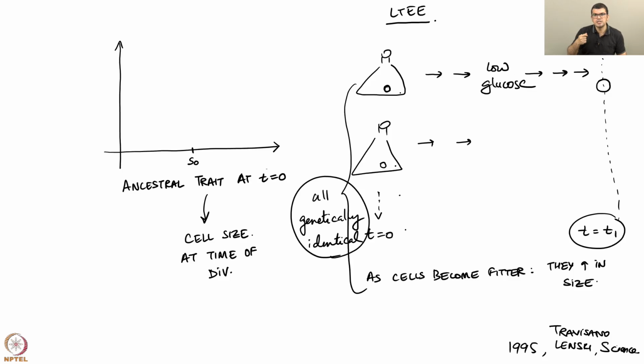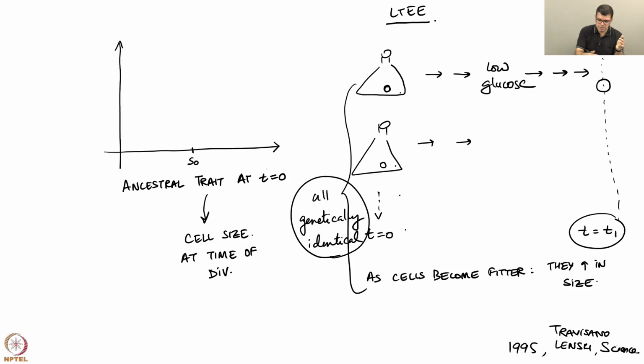Remember that selection is not towards greater size. The selection is to improve fitness in how well a cell is able to grow in low glucose conditions. But there are these pleiotropic effects, because the cell is such an interconnected system, if you change one aspect of the cell's performance, it is bound to have ramifications on other aspects of the cell's manifestations.